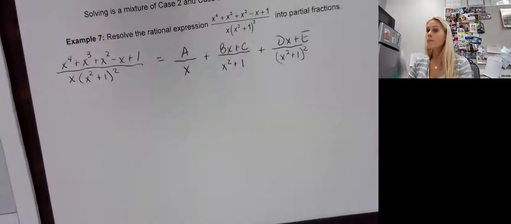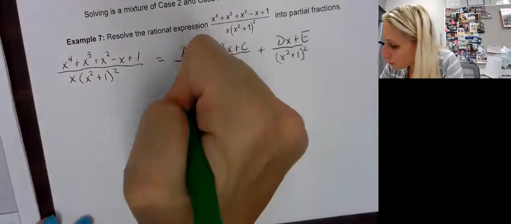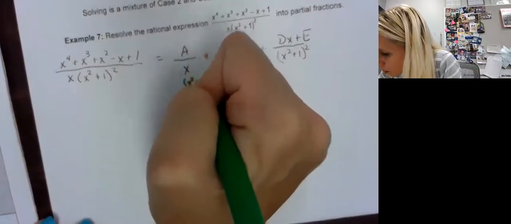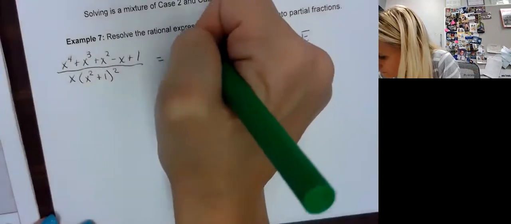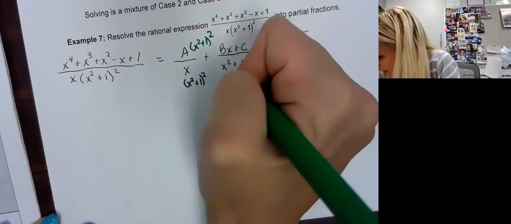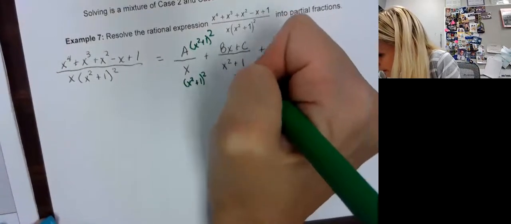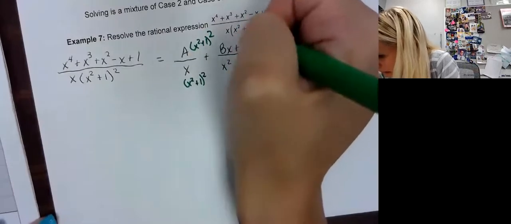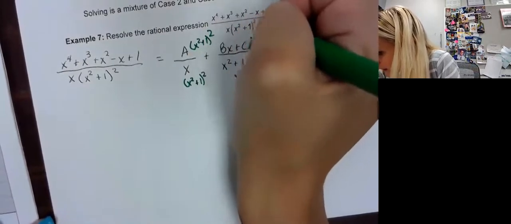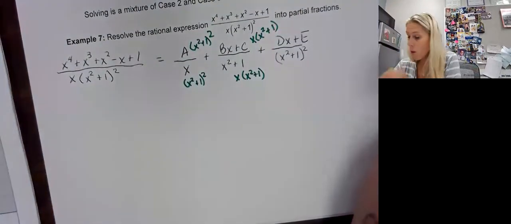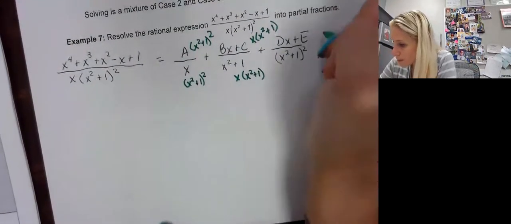Next step, common denominator. So this one is missing an x squared plus 1 squared. This one's missing an x and an x squared plus 1. Ugh, this looks messy. But as long as we take it step by step, we won't lose any steps.